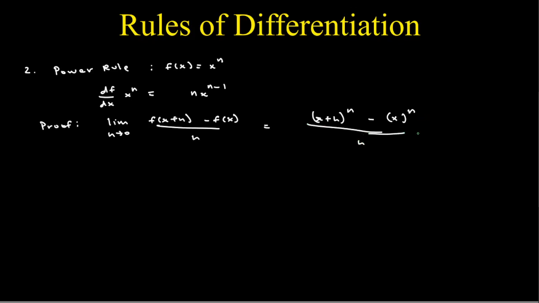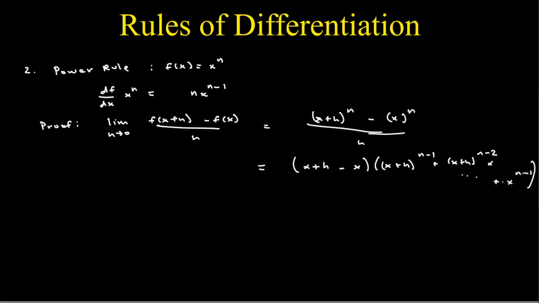And basically, we can simplify this through the difference rule, and that gives us x plus h minus x, times x plus h to the power of n minus 1, plus x plus h to the power of n minus 2 times x, and then we keep going until we reach plus x to the power of n minus 1.